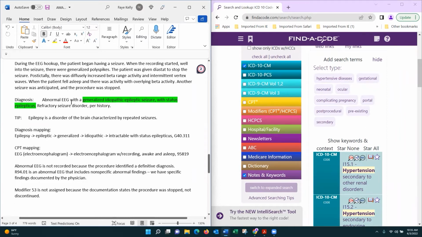But when we see the words abnormal EEG, we don't have to assign a code for that because we have a definitive diagnosis. Now, if all the physician had documented was abnormal EEG, then yes, we would have had to capture that in our recording.